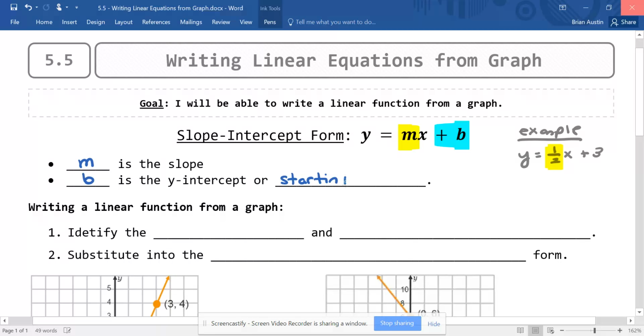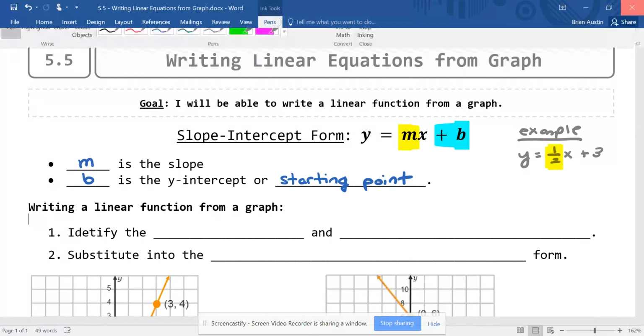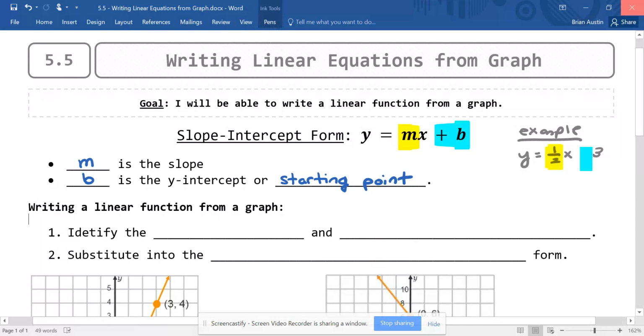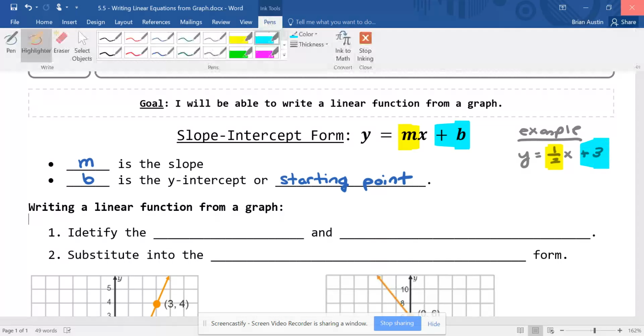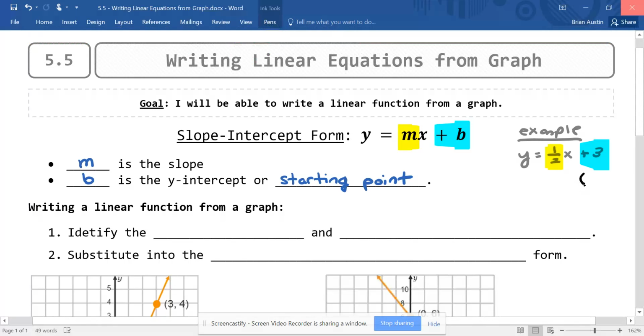It's where we start the graph, the initial point we're given, and then we can go from there, graphing the rest with the slope. In this example, the y-intercept is going to be positive 3, or (0, 3), since it is an actual coordinate point on the graph.